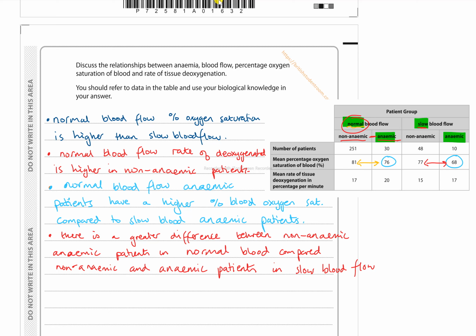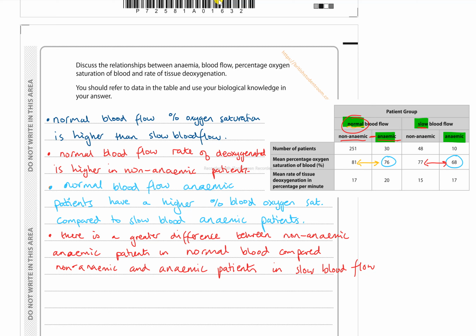Mean rate of tissue deoxygenation per minute, number of patients. What else does it say? So what that will mean is percentage, mean rate of tissue deoxygenation per minute, deoxygenation saturation. So what?